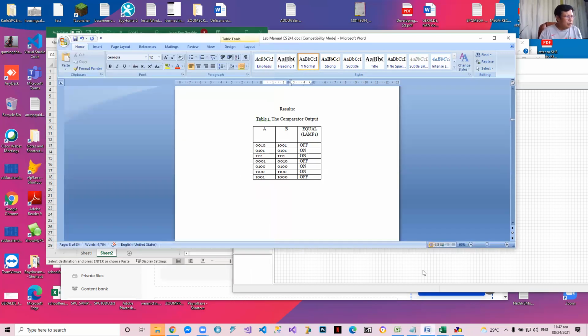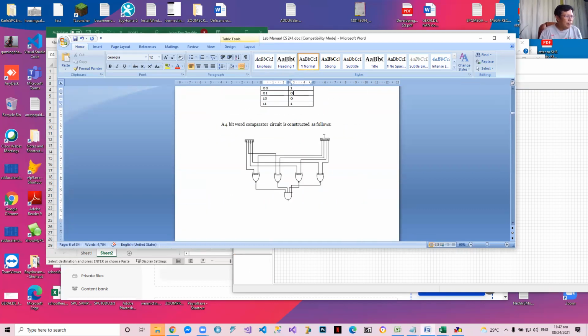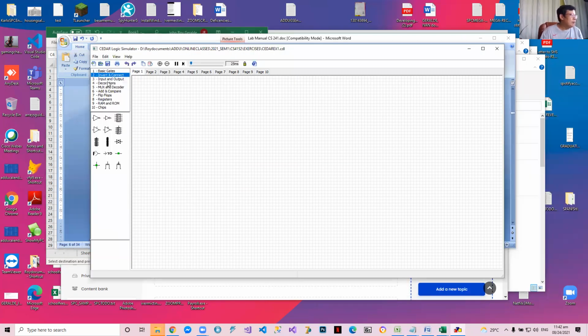What we'll do is construct a word comparator. It's like this: this is A, this is B. So let's construct that in Cedar Logic. First, we'll just need a text decoration.